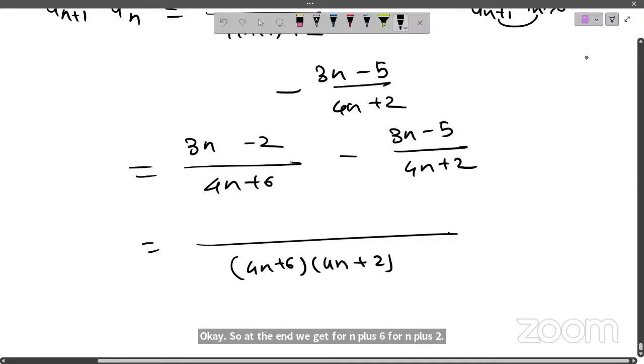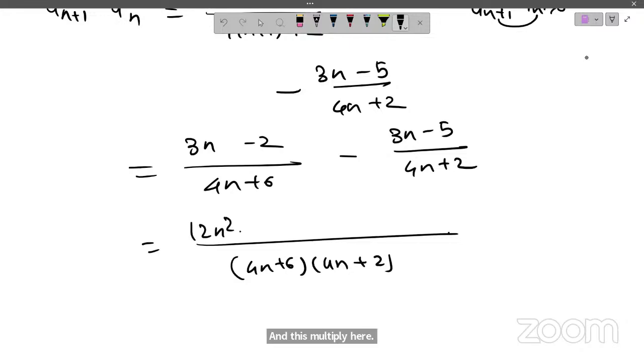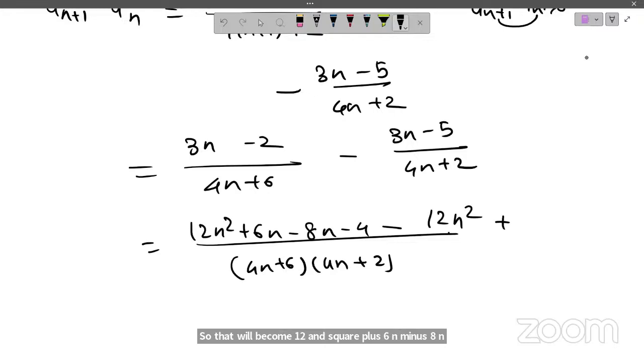Just multiply here. That will become 12n square plus 6n minus 8n minus 4, and minus of 12n square plus 18n minus 20n minus 30, right? I think so.